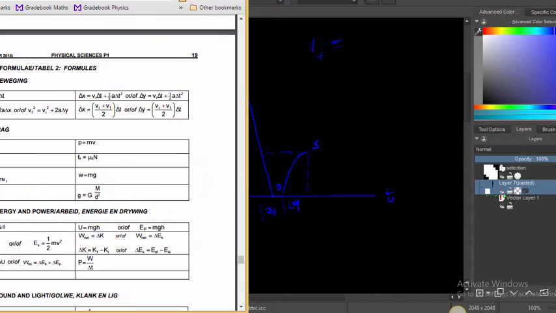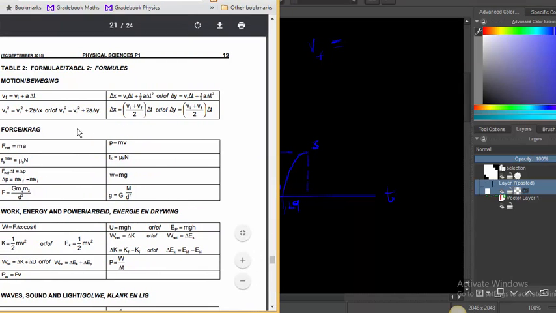No. I suppose we can just work out initial velocity. Final velocity, delta x, and the time taken. Okay. So suppose we could just work out the time and initial. We don't have that. This one we can just work out.